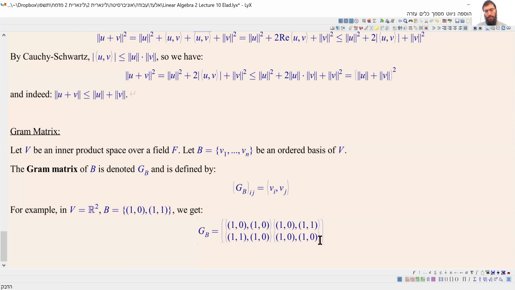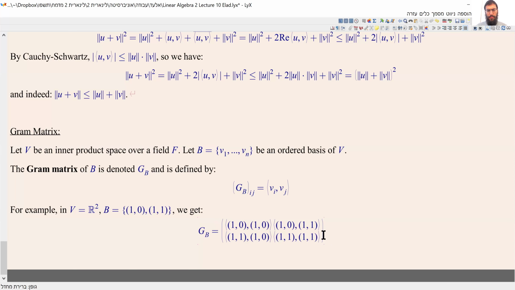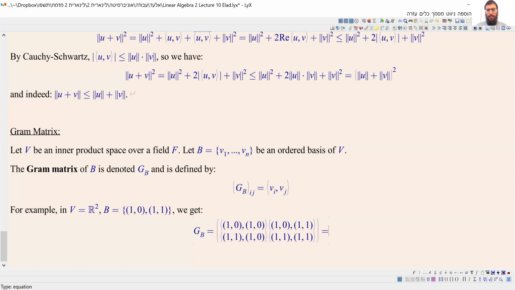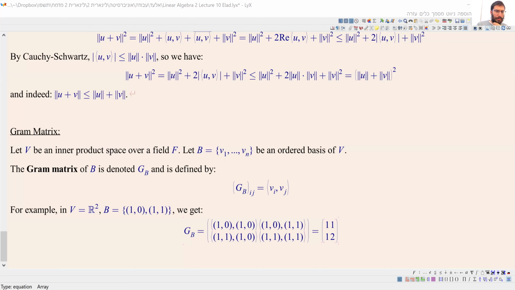And assuming it is the standard inner product as always, we have here 1. This is 1 as well, 1 as well, and this is 2: 1 multiplied by 1 plus 1 multiplied by 1. This is the Gram matrix.